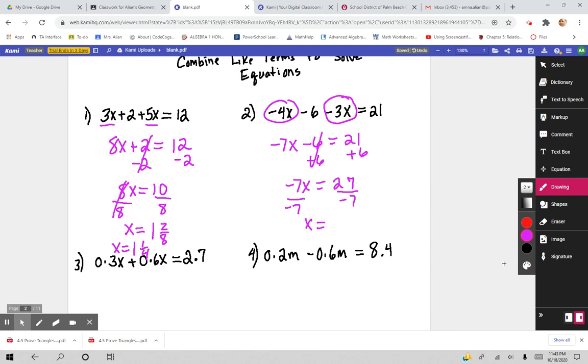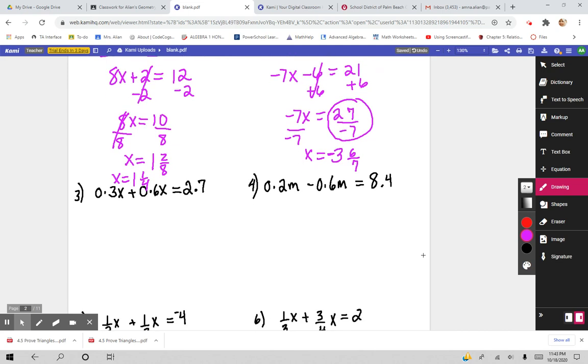How many times does it go into 27? 3 times, because 3 times 7 is 21. And we take 21 from the top, we're still left with 6, 6 over 7. But because our fraction is negative, our answer should be negative. Our mixed number should be negative.